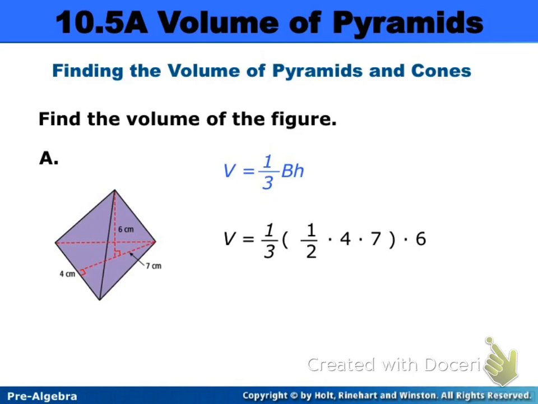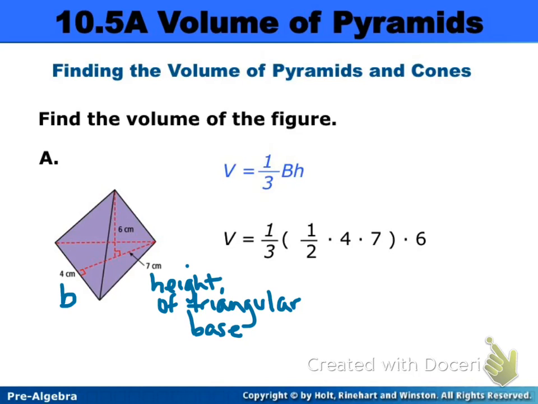So for this case, the area of the base would be calculated by taking 4 times 7, which is the height of the triangular base, and then this 6 right here is the height of the pyramid.